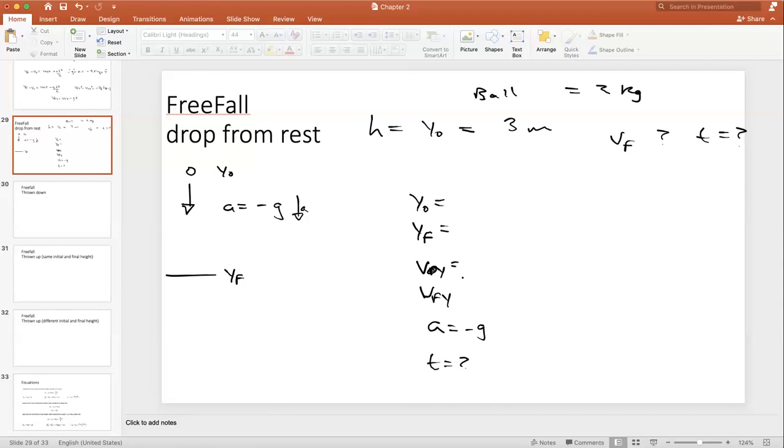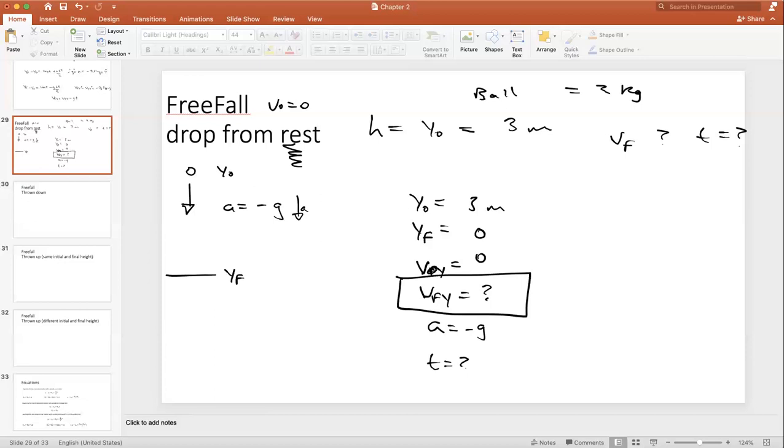So now, my y initial is my height, it's 3 meters. What is my y final? Well, my y final is 0. My v initial, if I'm dropping it from rest, remember that means that v initial is 0. I don't know this, but I want this. This is what I want. So again, same algorithm.